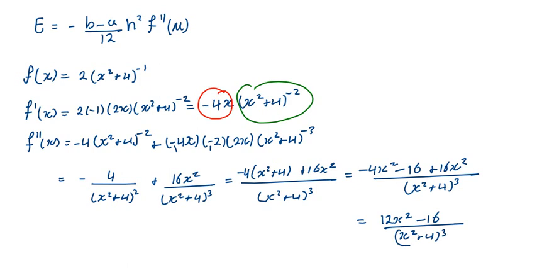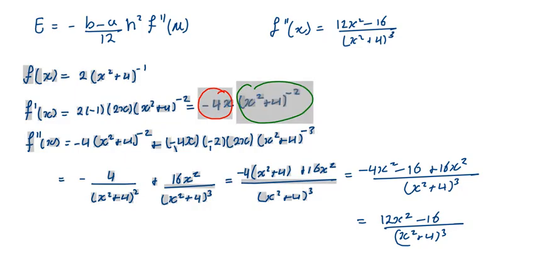That's what we get as our second derivative. So we have gotten that f prime prime of x is simply equal to 12x squared minus 16 divided by x squared plus 4 to the power 3. Meaning we no longer need all of this.